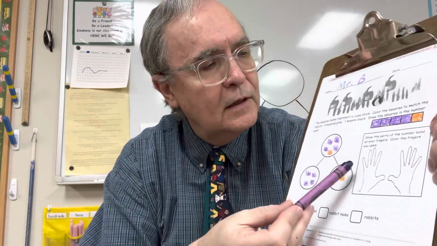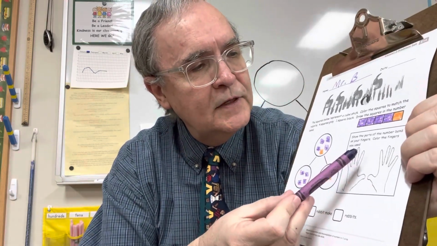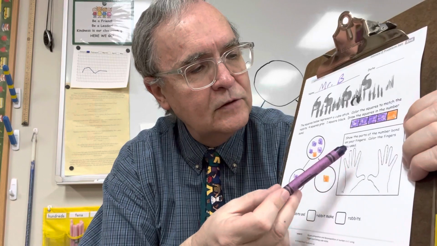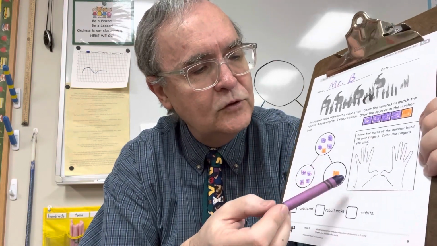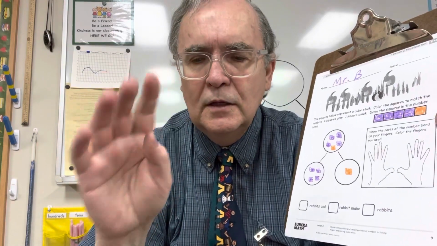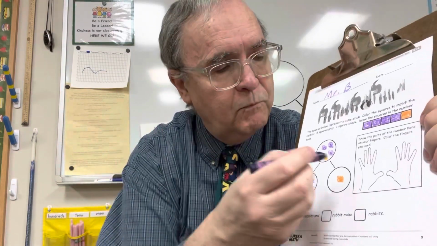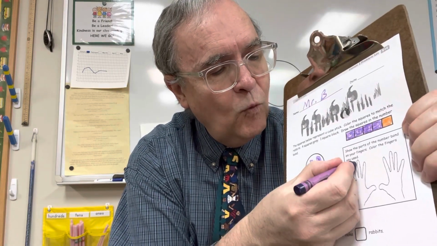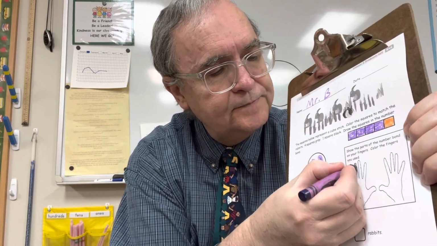Now, here it says show the parts of the number bond on your fingers. Show the fingers you used. Now, how many rabbits are there in all? 5. Now, for our parts, how many of them were sitting up? 4. So I'm going to take my purple, and I'm going to color in 4 fingers.